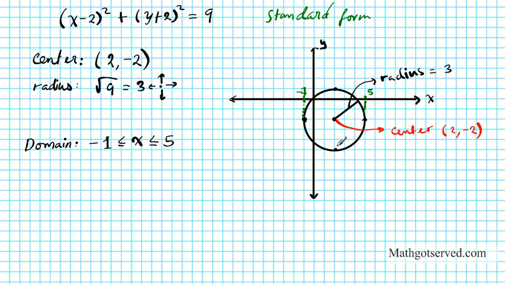Now, the vertical span of the graph will basically tell us what the range is, okay? So we need to find the range. And just note that it's along the y-axis, okay? So let's project this to our y-axis. That's 1 on the y-axis.